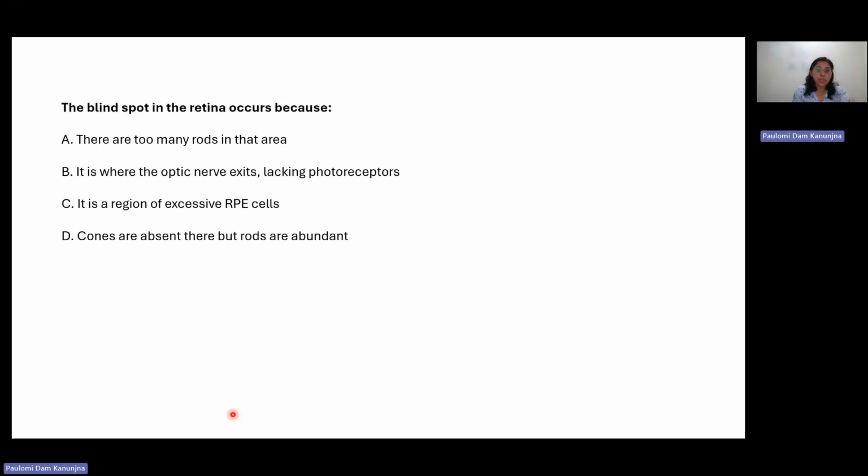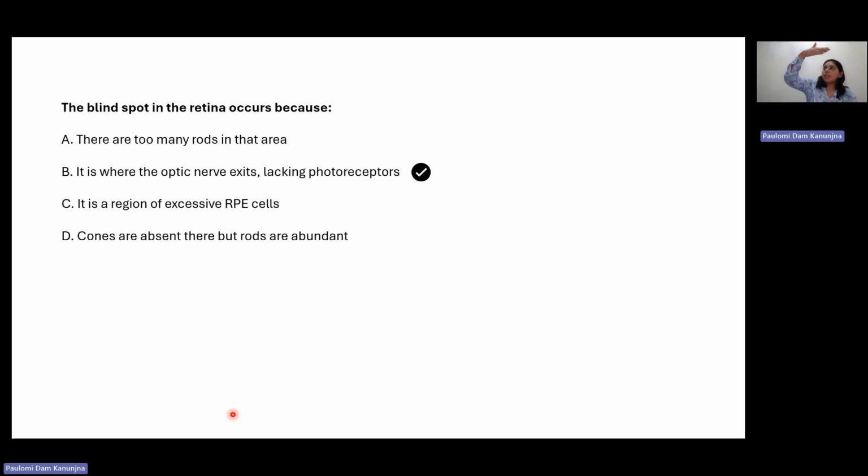Remember what I told you about the blind spot and then try to answer this question. You remember, right? The entire discussion about the exit of the optic nerve and that region having no photoreceptors.